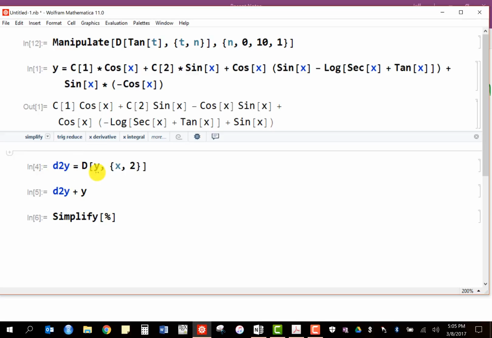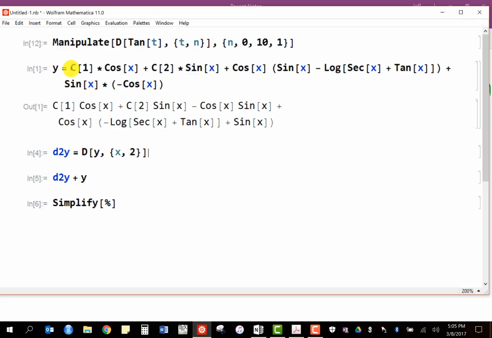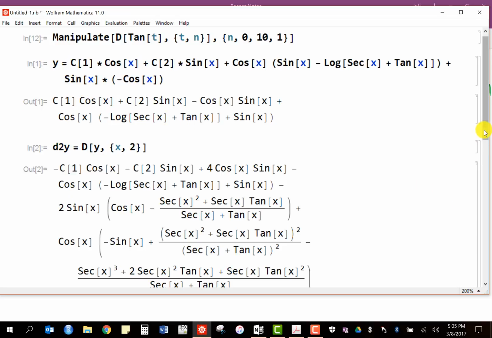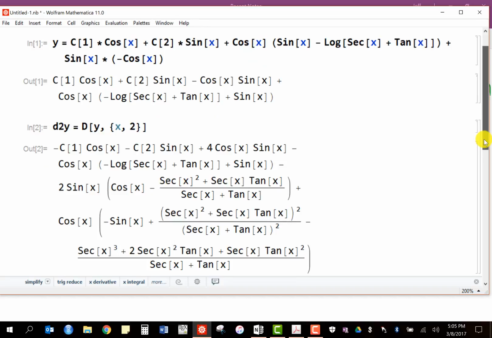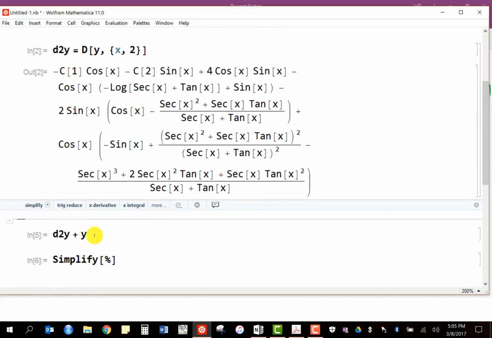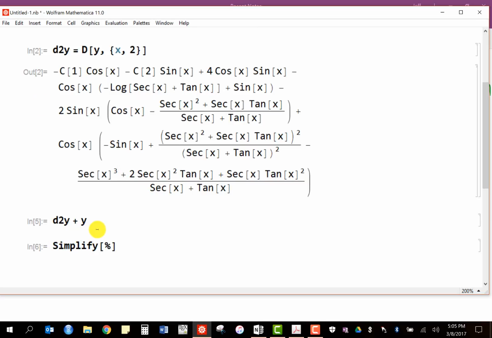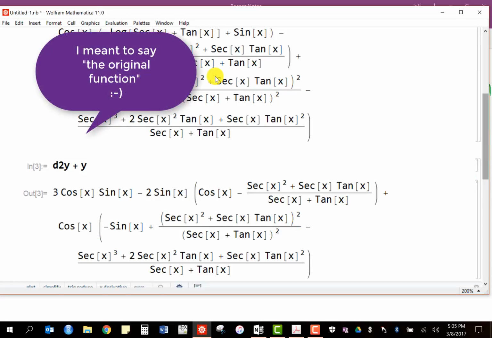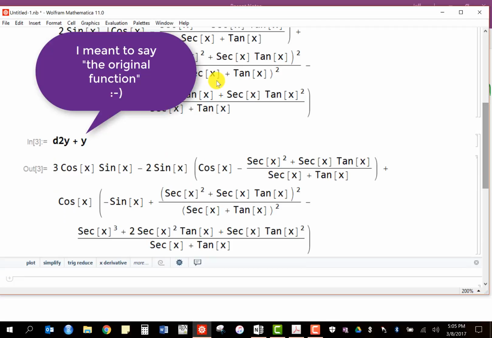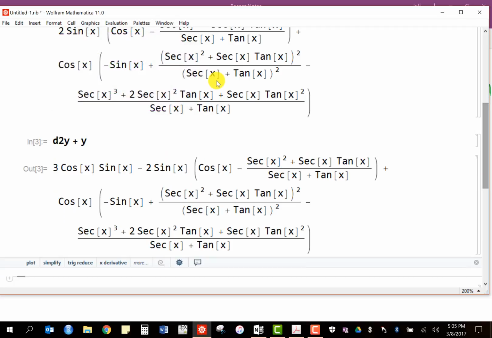So this command is going to find the second derivative, taking the second derivative of all of that stuff up there. Let's just pause and admire that for a second. Yep. Then I'm going to take the second derivative and add it to y. And it ends up looking like that, which is just absolutely fantastic.